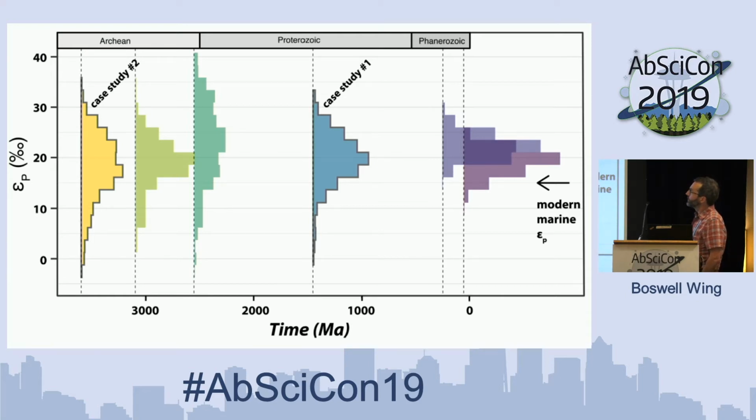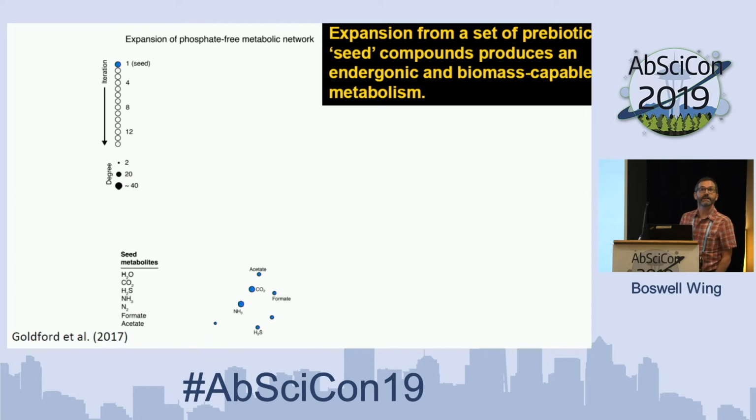What we decided to do was a thought experiment, and working with some colleagues at BU, Daniel Segre and Josh Goldford, we decided to look at what might potentially happen if you created an endergonic and biomass-capable metabolism from a simple set of potential prebiotic seed compounds, shown down here: acetate, carbon dioxide, formate, hydrogen sulfide, and some others.